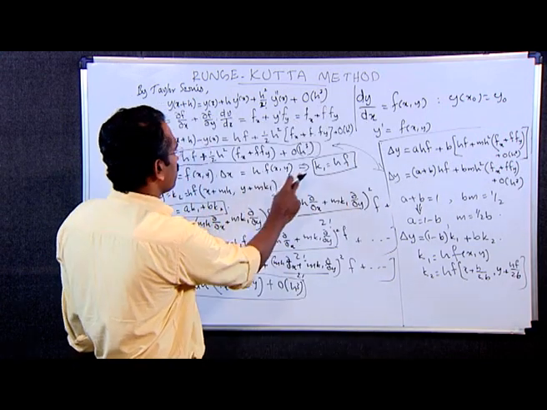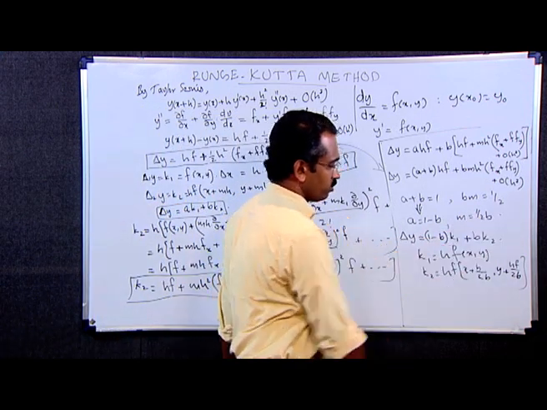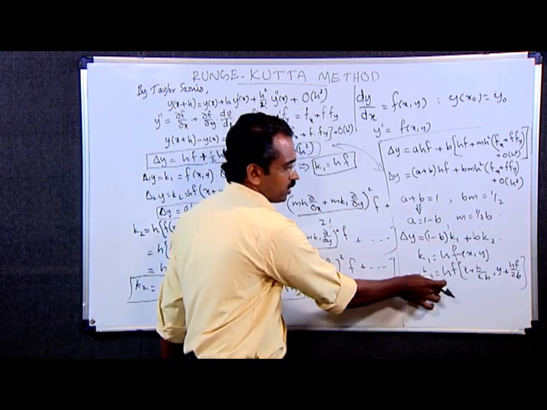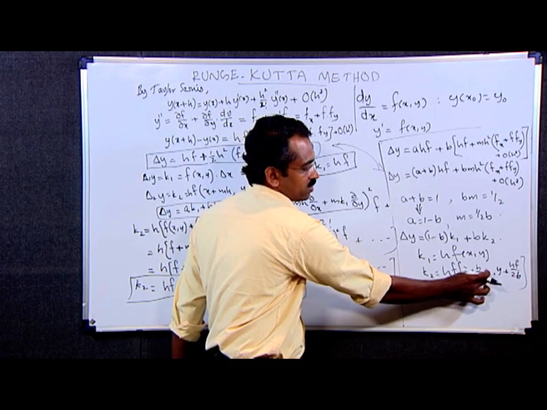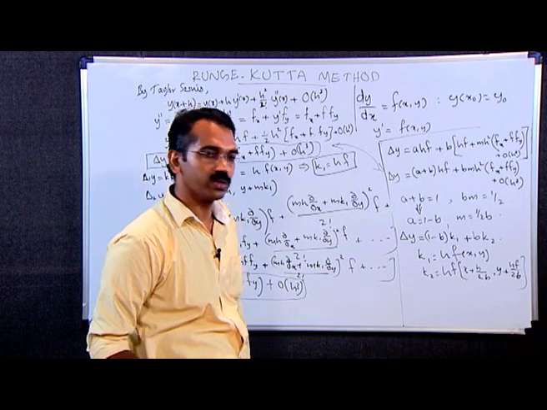Because k1 is hf, m is 1 by 2b. Therefore, k2 equal to h into f of x plus h by 2b comma y plus hf by 2b.